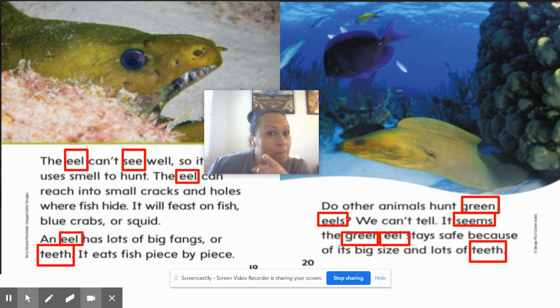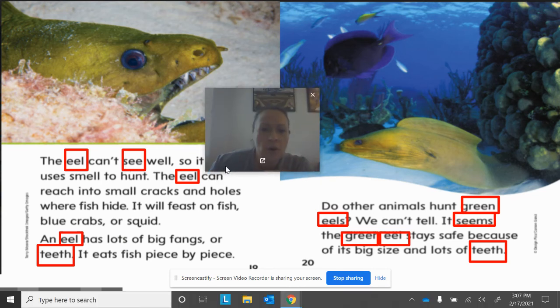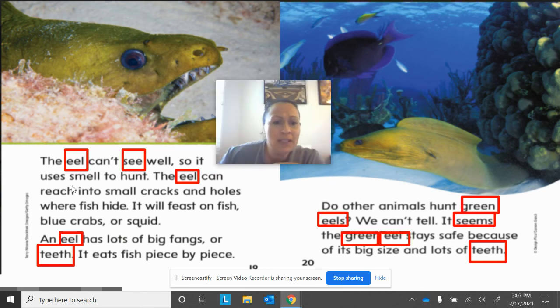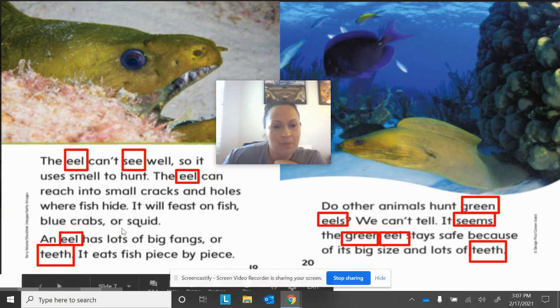The eel can't see well, so it uses smell to hunt. The eel can reach into small cracks and holes where fish hide. It will feast on fish, blue crabs, or squid.